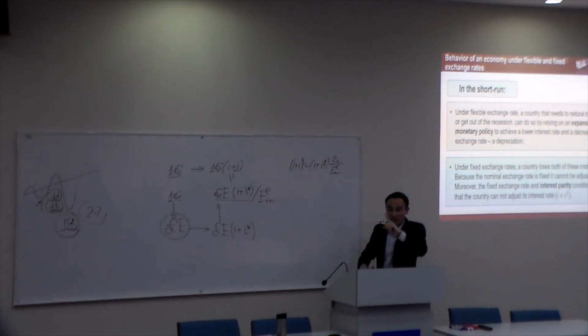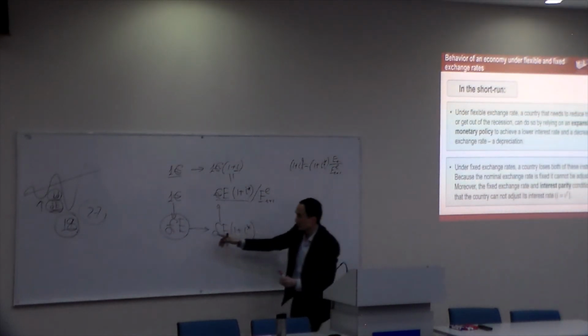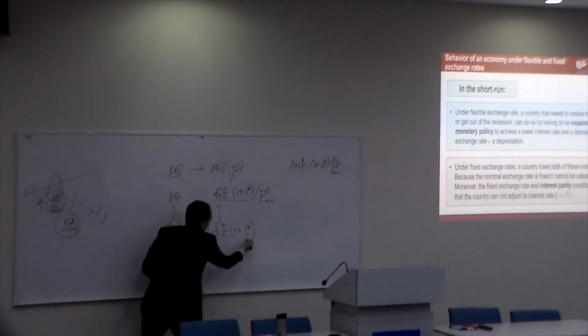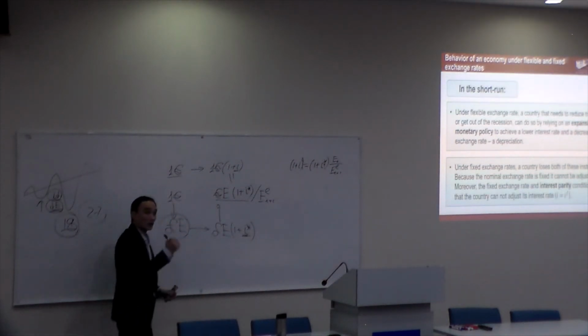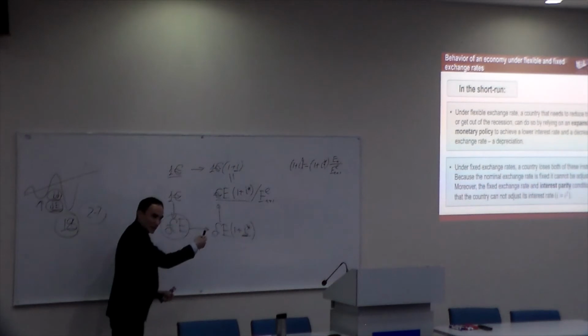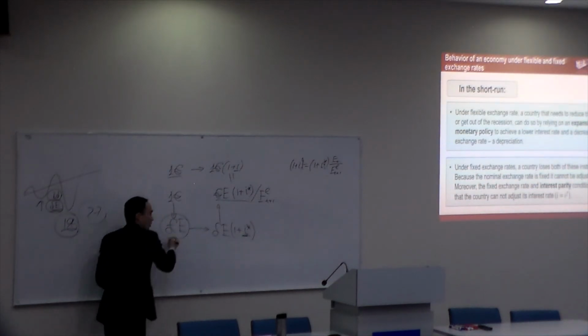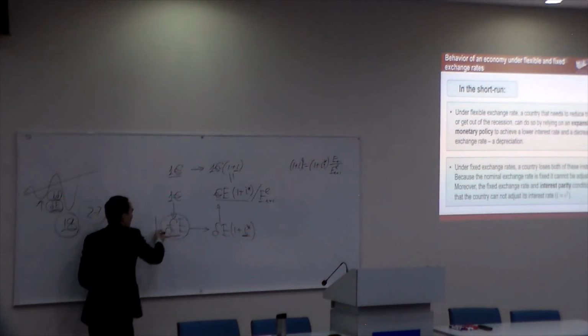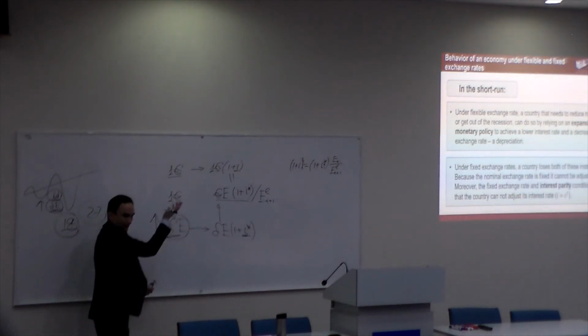Which means that fluctuations in interest rates cause fluctuations in the exchange rate. How? For example, in this case, when there was high return for German investors, there will be high demand for pounds. And it means that the pound will appreciate.